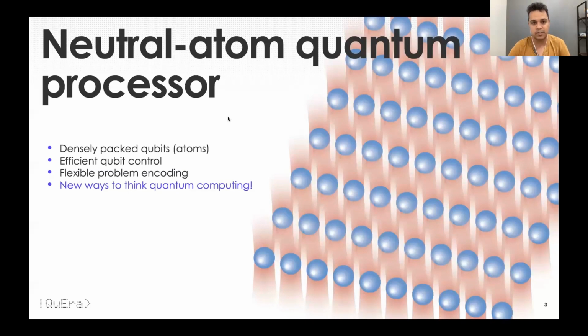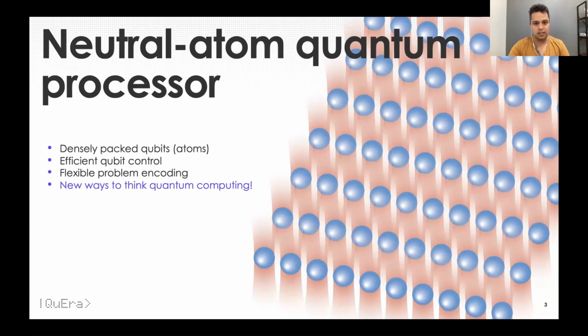There are other machines that are privately accessed that may be bigger, but publicly accessible, this is the largest out there. These machines have very interesting and efficient control for the qubits and some flexibility for problem encoding that really leads to new ways to do and think about quantum computing. So it is very, very exciting. This is really ramping up, and the technology is drawing a lot of attention. I hope that we are all excited about it.